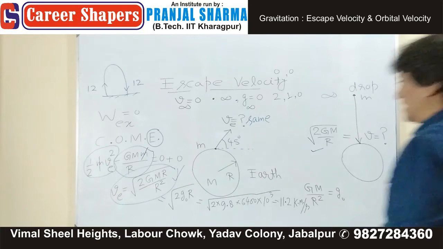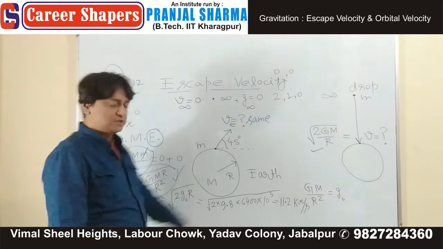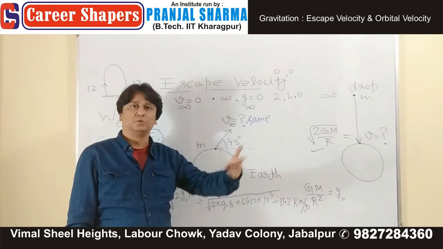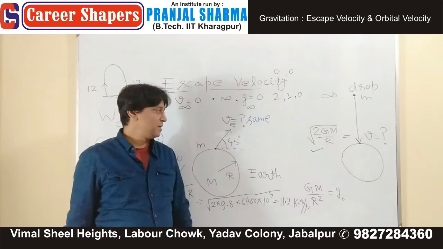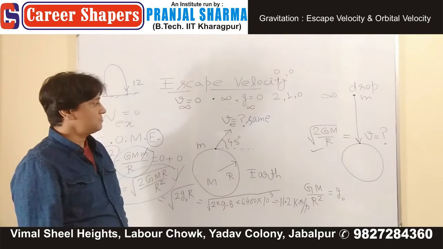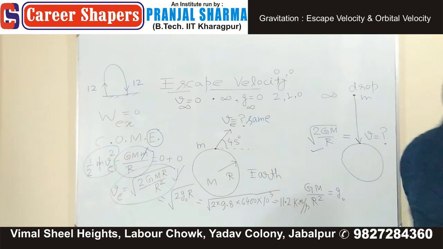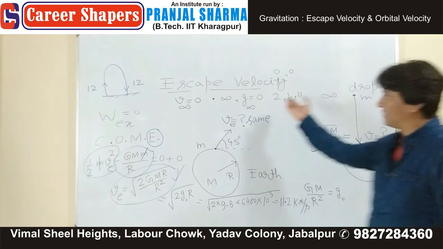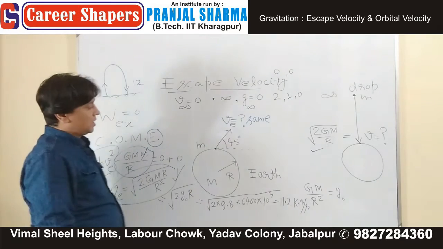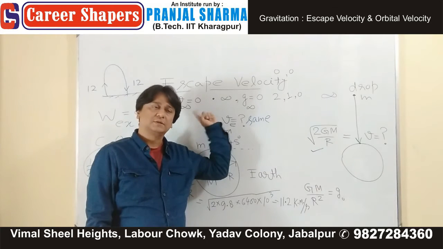Now answer the next question. This is something you can expect in any examination, school, NEET or JEE Main. Write down the question. An object is thrown up with half of the escape velocity. An object is thrown up with some velocity which is half of the escape velocity.